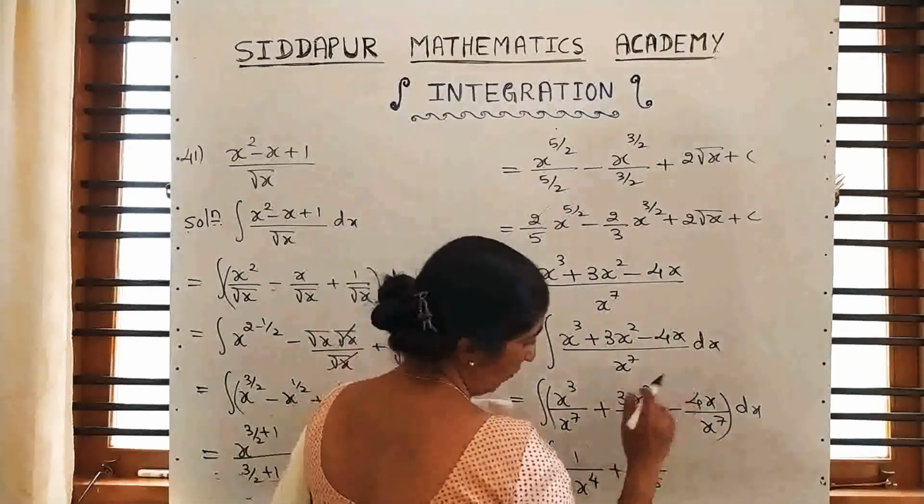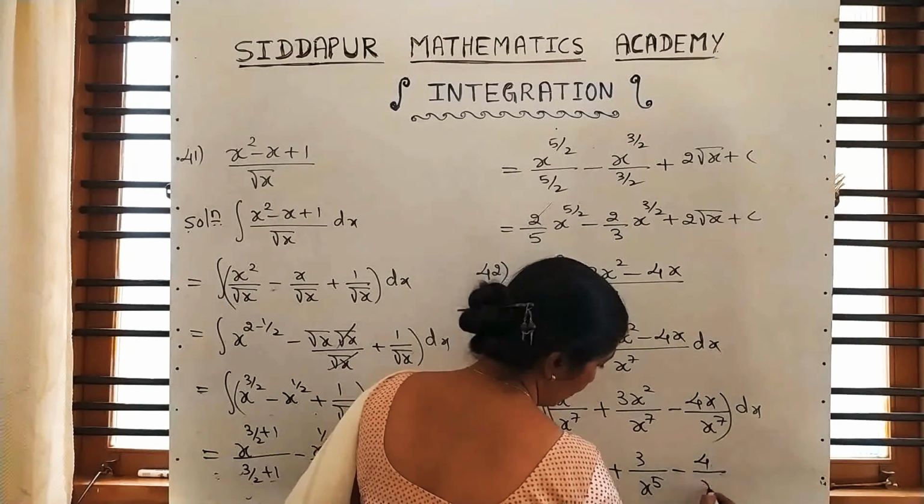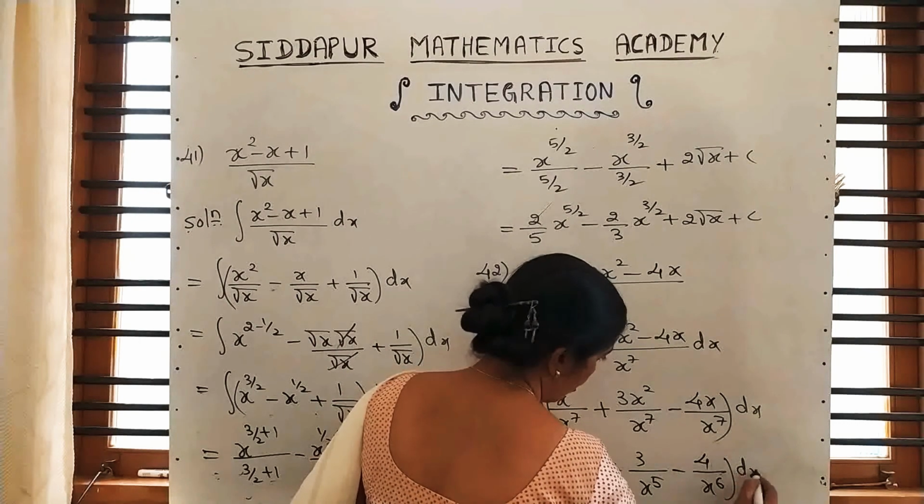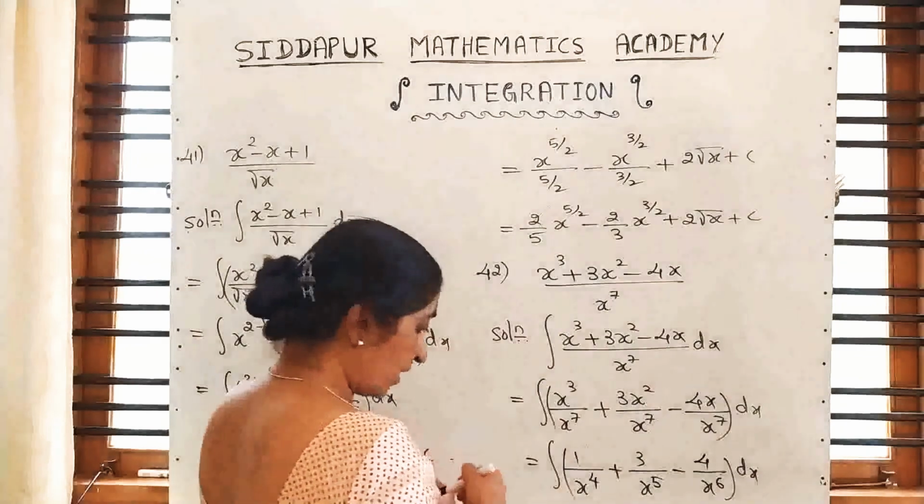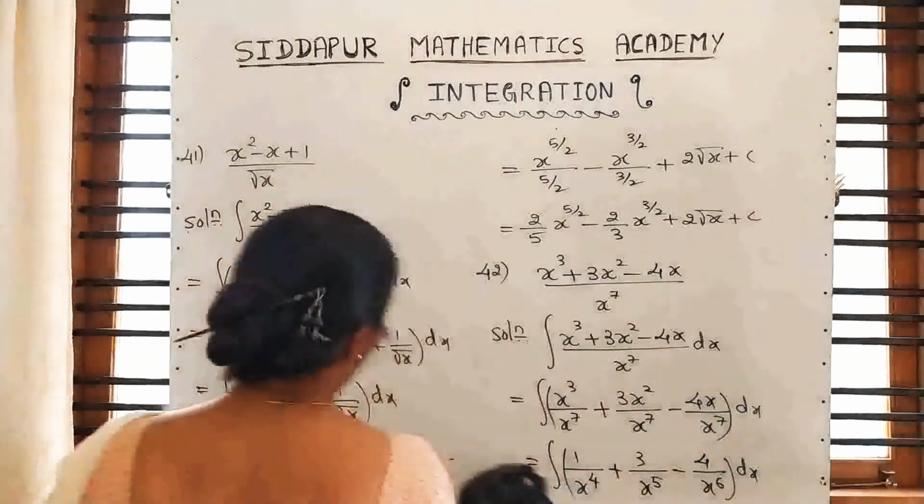Here 2, here 7 means 5 are remaining. And before integration, I will write one more step here.